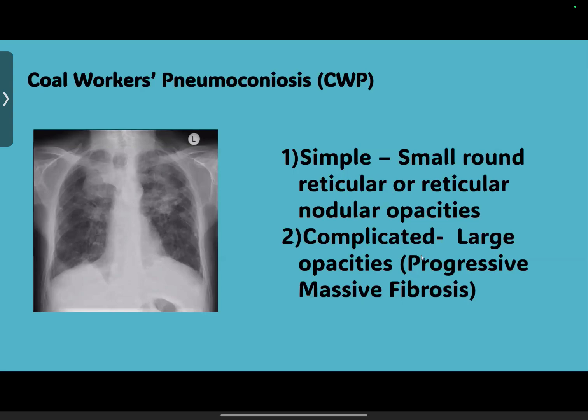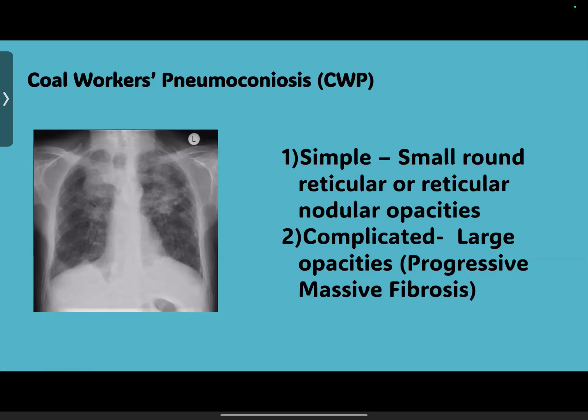Coal workers' pneumoconiosis: these do progress, but they're not as extensive as silicosis or asbestosis. They're small, rounded, reticular nodules, as you can see here, and the more complicated form is large opacities, similar to progressive massive fibrosis.